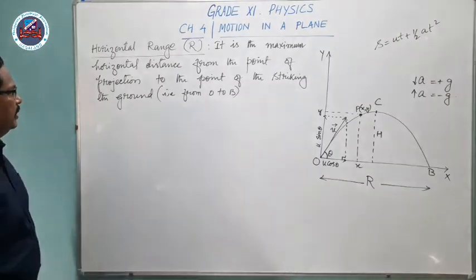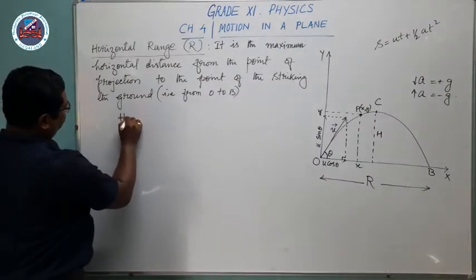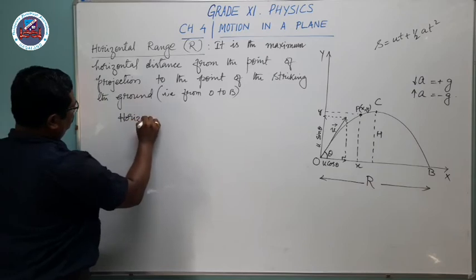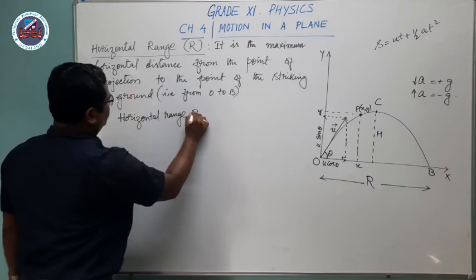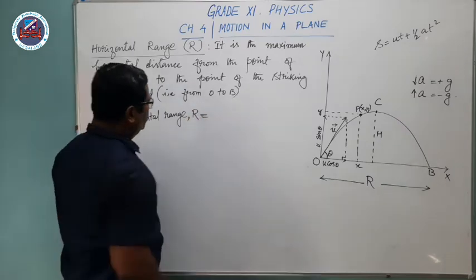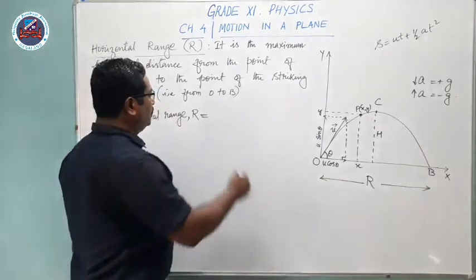To find it mathematically, horizontal range R is equal to this distance. Distance is equal to velocity into time.